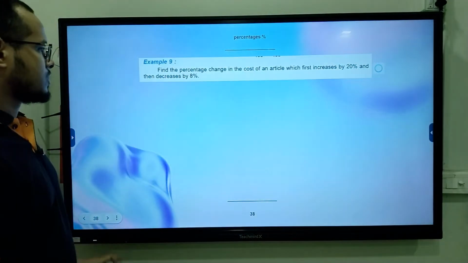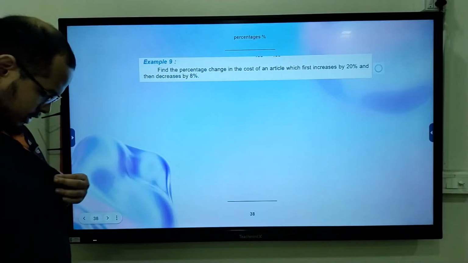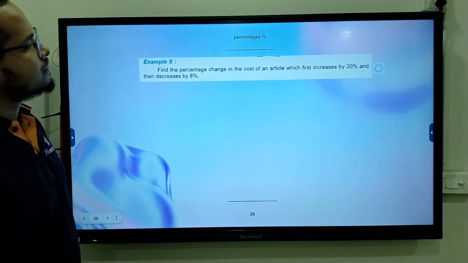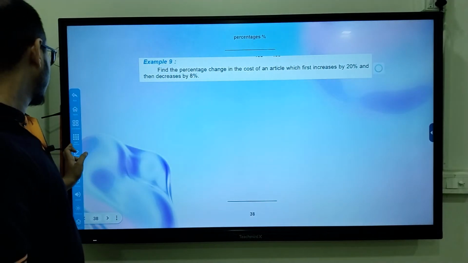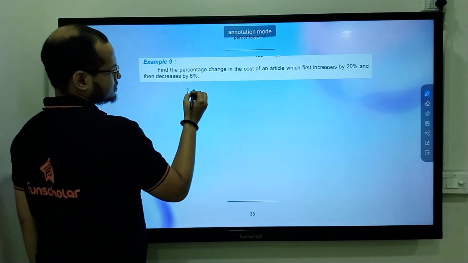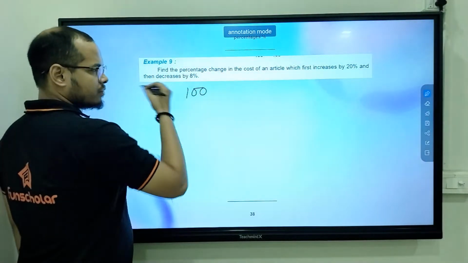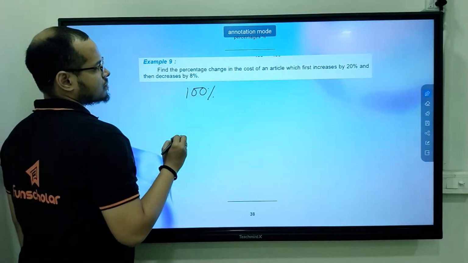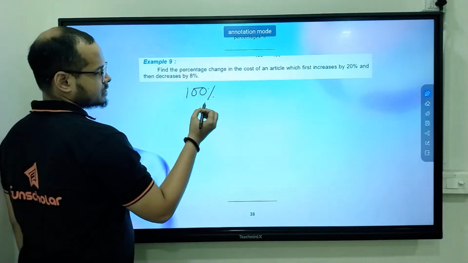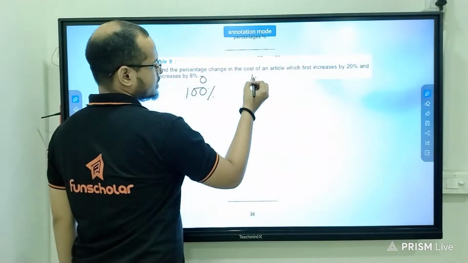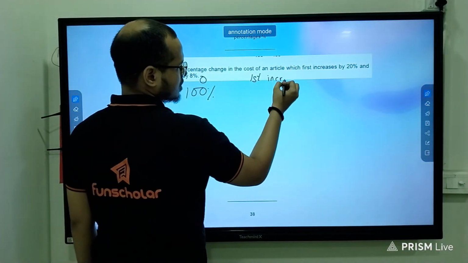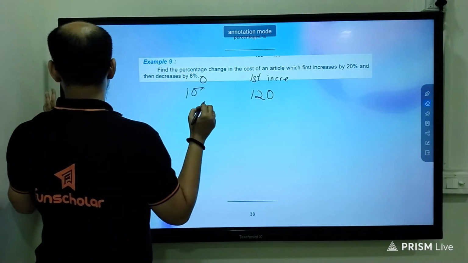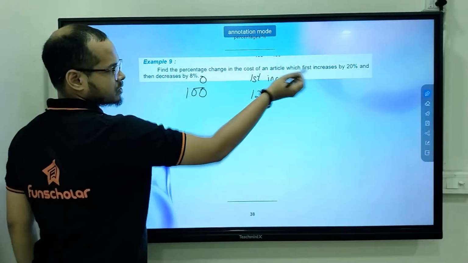Okay, next. Find the percentage change in the cost of an article which first increased by 20% then decreased by 8%. Original is 100, since nothing is mentioned here, so let us take the original as 100%. First it increases by 20%, so 100 becomes 120, because of the 20% increase.